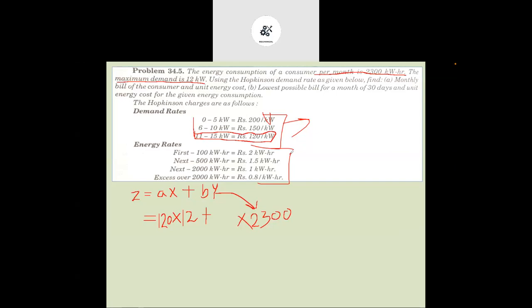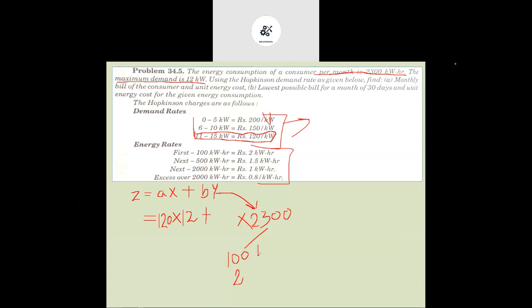So we have to consider those rates whenever we calculate the energy charges. Here we have to divide this 2300 into different parts. First of all, for the first 100 units, 2 rupees per unit will be charged. So we have to split this up. For the first 100 units, the rate will be 2 rupees.